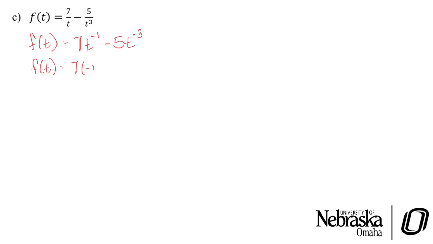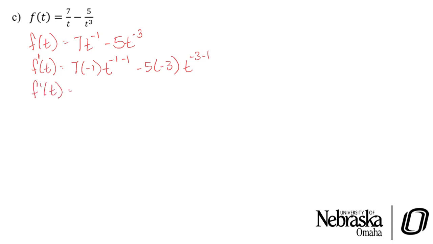So we have 7 times negative 1, and we're still going to subtract 1 from the exponent. Nothing's changed, but now we do have to worry about that negative. And we will do the same thing with our second term. We multiply the exponent in front and then subtract 1 from our exponent. I did not make our derivative mark here, so this is the derivative, f prime of t.